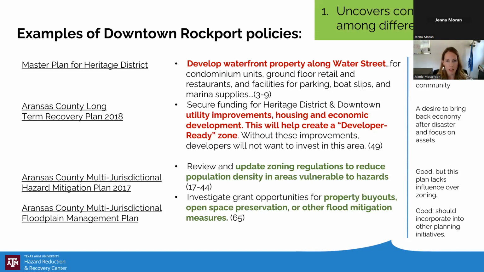And so their policy was all about making these developer-ready zones and making sure that utilities and everything were in place so that developers could come and easily build. Again, this is a great policy, but there was no consideration or mention of hazards, and this is in their recovery plan. So just some things to be mindful of, these unintended issues as we're looking at our plans.